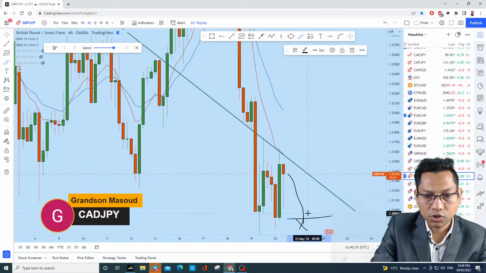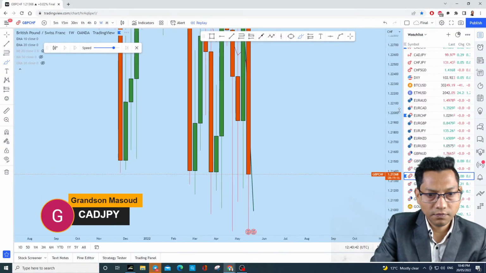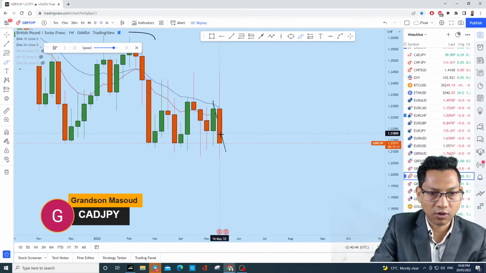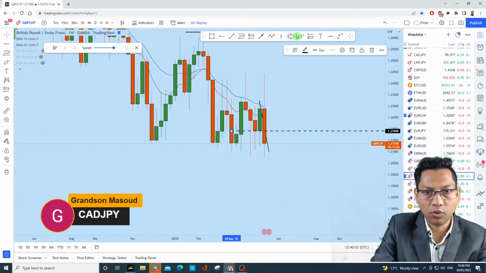I think we might see a fake out to the upside, because if this weekly candle closes like that, we have to see a little bit of retracement to the upside, and then from here we could see a drop.